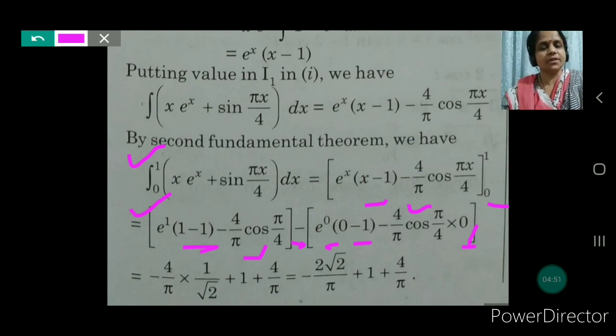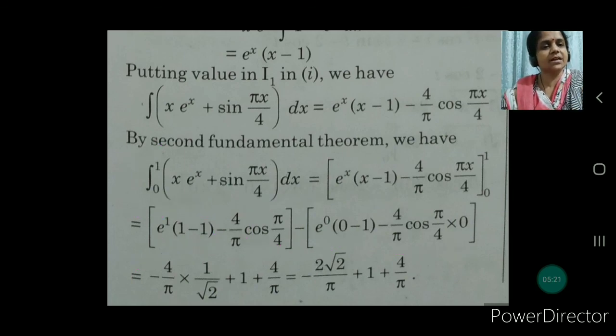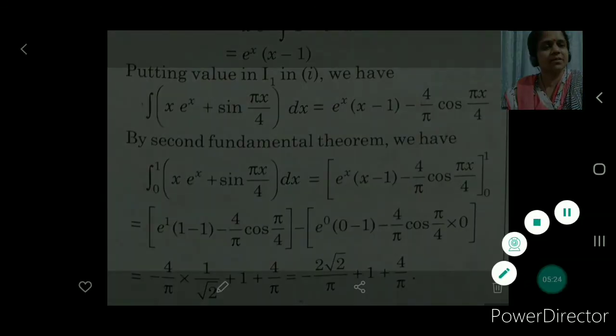Student, you will get from this term it's 0. Okay, and here minus 4 by pi and cos pi by 4, it is 1 by root 2. Then you see that here e raised 0, it means it's 1. Okay, and 1 and it is minus 1, so minus minus it becomes plus 1, and from this term you get minus 4 by pi cos 0 is 1, but there is a minus sign outside the bracket.